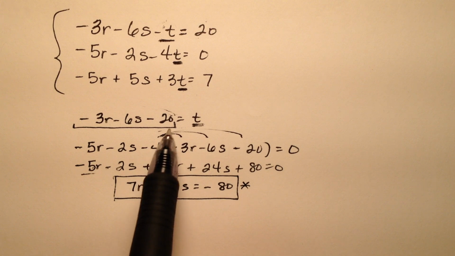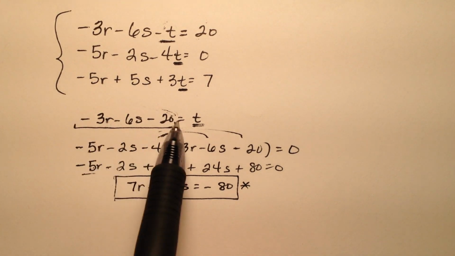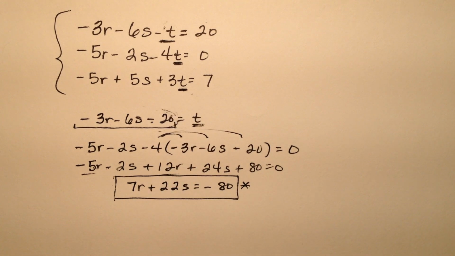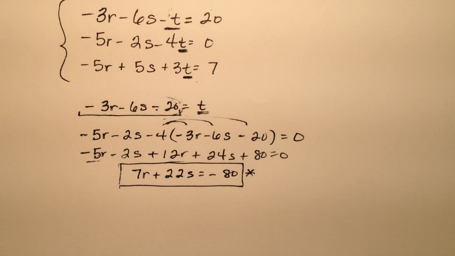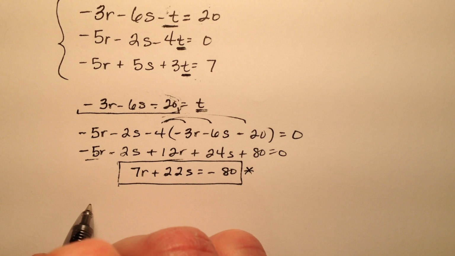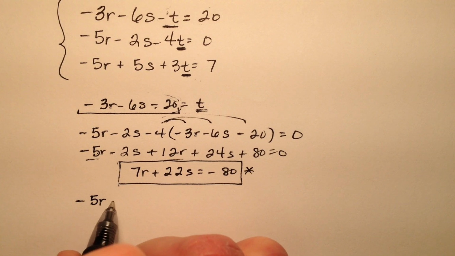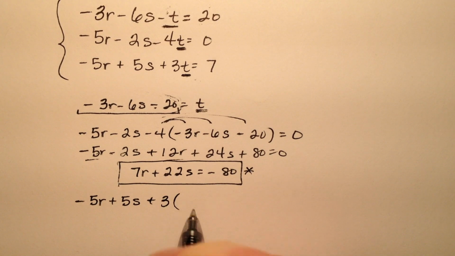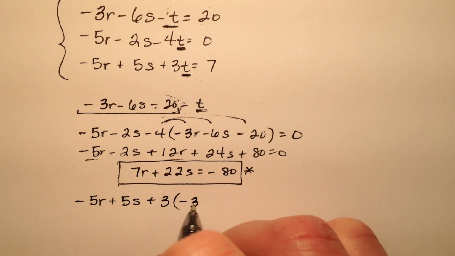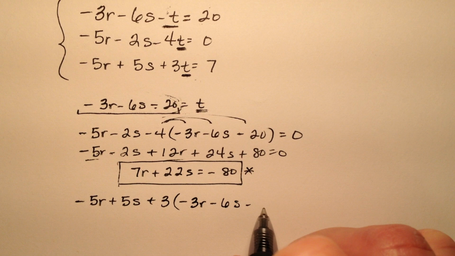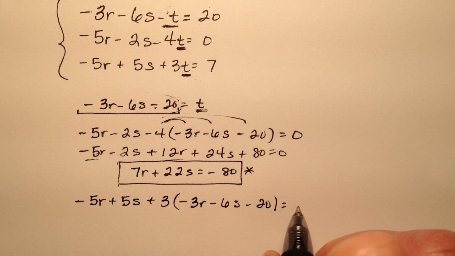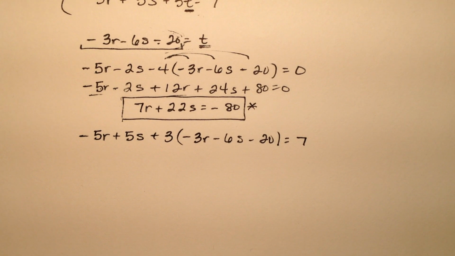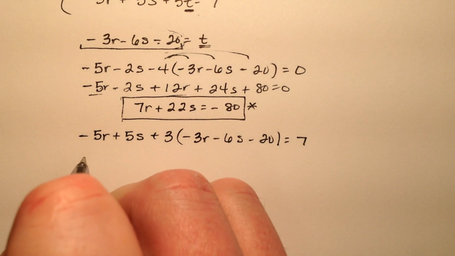Let's take this equivalent expression, and once again we'll plug it in, and this time we're going to do it for t in the third equation. So let's write this third equation down. Negative 5r plus 5s plus 3t, and of course t then is this equivalent expression, and that equals 7. So let's move this down a little so we have some room to work.